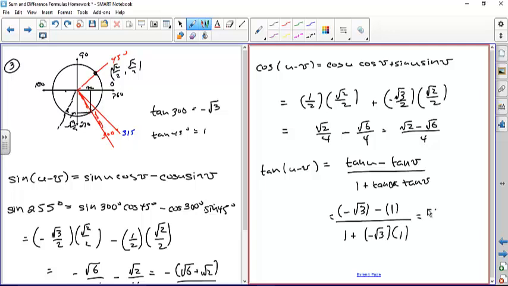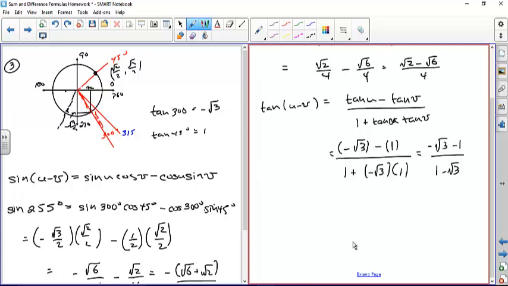So here we get negative the square root of 3 minus 1 divided by 1 minus the square root of 3. So that would be the answer.